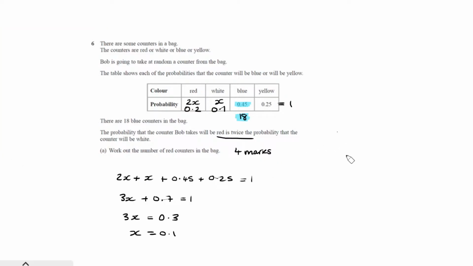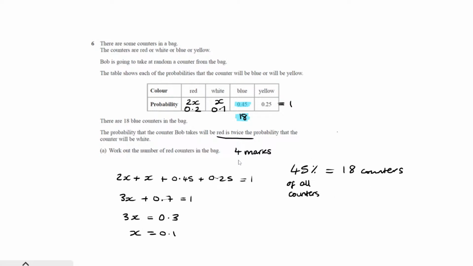You might not make that link, but in my head, it's like reverse percentages. Because 0.45, if I were to write it as a percentage, is 45%, isn't it? 45% of all the counters is 18 counters, isn't it?